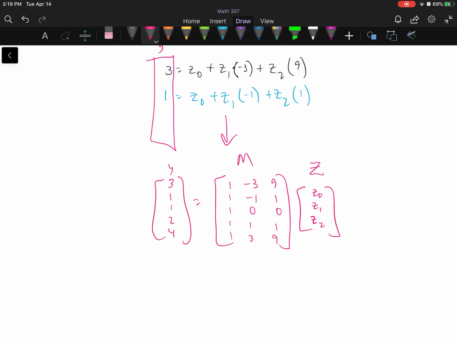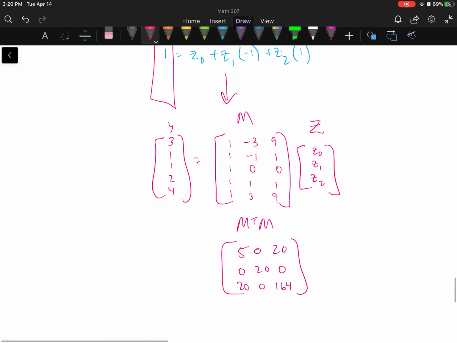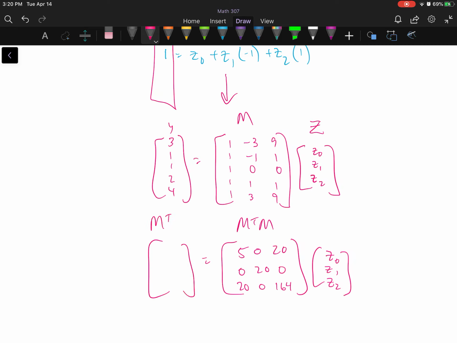This would be M transpose M: 5, 0, 20, 0, 20, 0, 20, 0, 164. Again, that is a symmetric matrix. And M transpose Y would look like 11, 4, and 66.